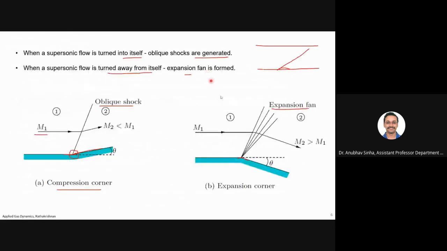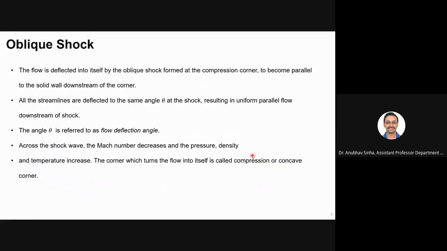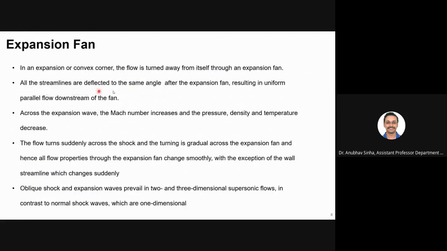Okay, this is what I was talking about. I should have put this picture here, but anyway. So streamlines are deflected to the same angle. Basically, they are expanding in that direction, resulting in uniform parallel flow.